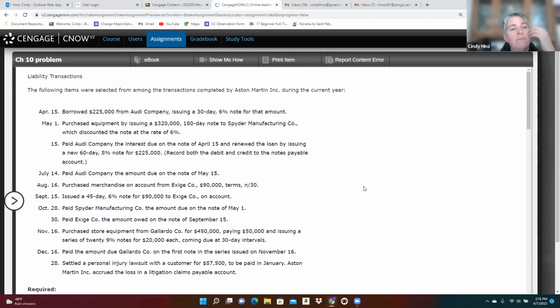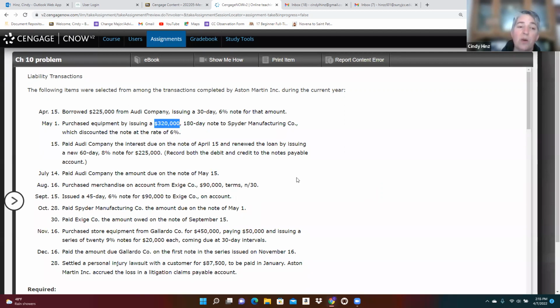Next thing that happened on May 1st, we bought some equipment. And to buy that equipment, we didn't have the cash available, and so we had to borrow the money. We issued a note to our supplier. So we were buying that equipment from Spider. And we said, if we could just have a little bit of time to pay, we'll be glad to pay you interest. And so we issued a 180-day, about 6-month note to Spider for the value of that equipment.